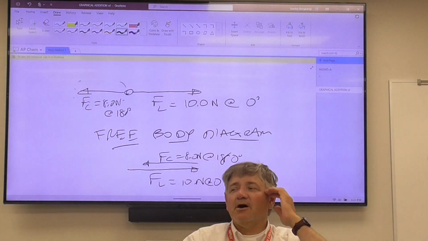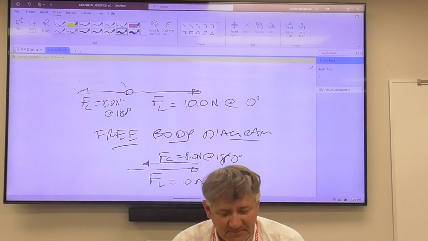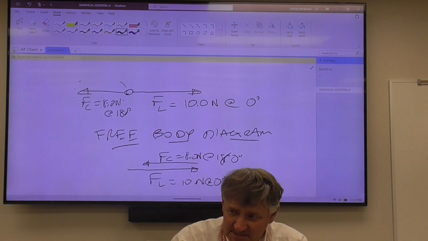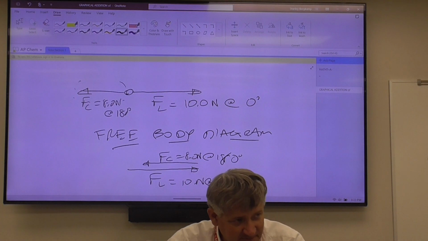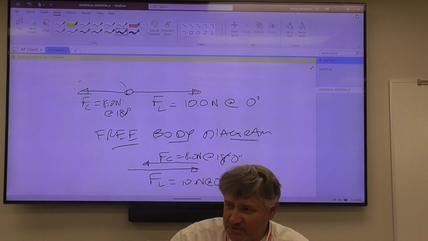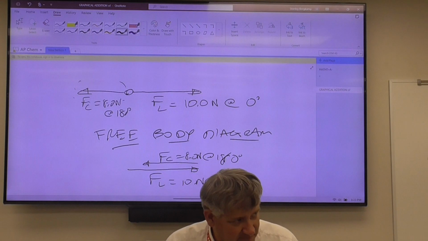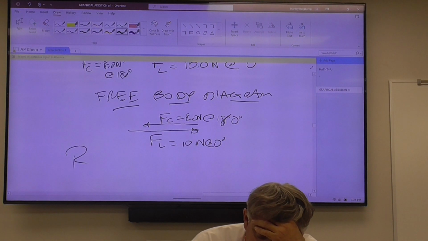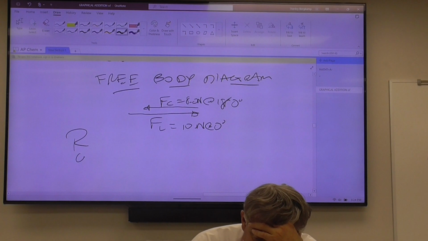So, what you're after is what's called the resultant, okay? The resultant is the net effect of the vectors that are acting. Could be 2, could be 3, could be a dozen, doesn't make any difference. So, you do what's called the roux. It's an Australian term, like kangaroo.